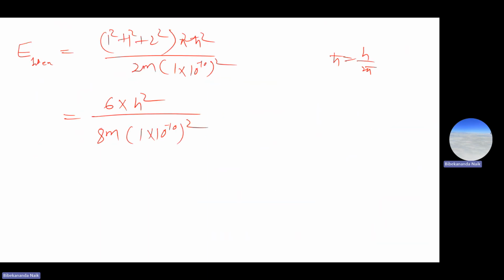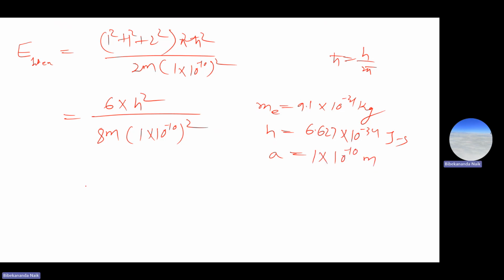The value of m will be the mass of the electron, which is 9.1 into 10 to the power minus 31 kg. The value of h is also given, 6.627 into 10 to the power minus 34 joule second. And the value of L is 1 Angstrom, which is 1 into 10 to the power minus 10 meter. So if you put these values, how much will it be?